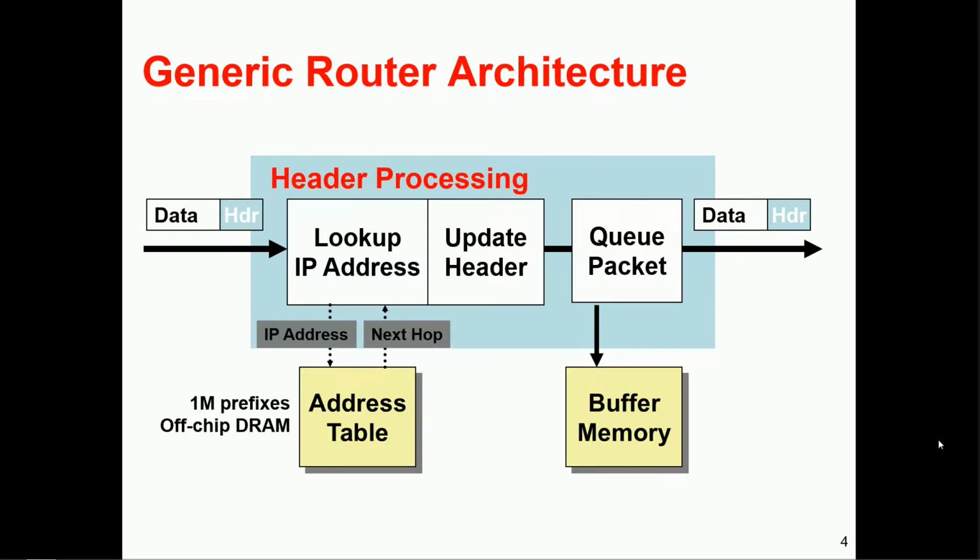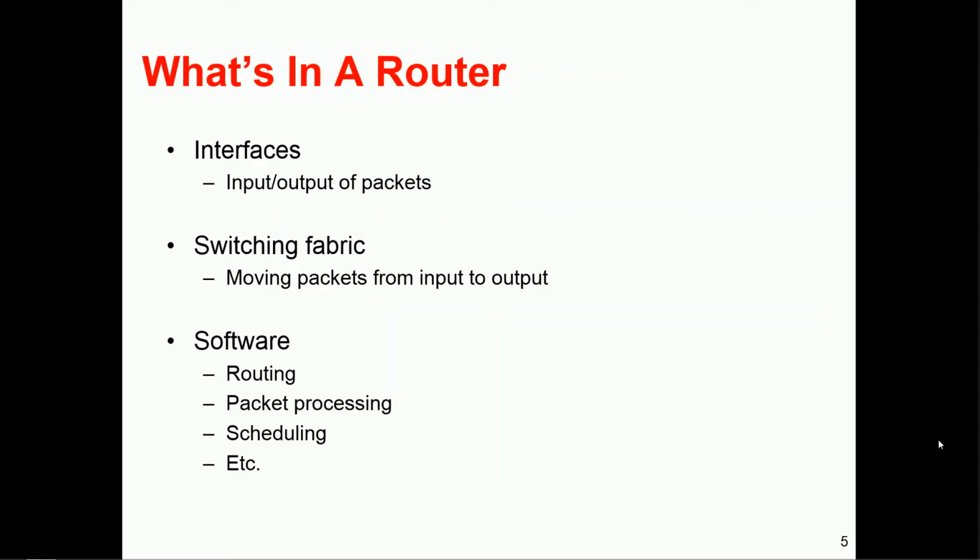From there, the next hop is returned from the address table to the address lookup. From there, it gets sent to the update header. From there, the queue packet. From there, it gets ready to be sent out. Then the memory buffer actually sends the data to the queue to be sent out. And that's it.